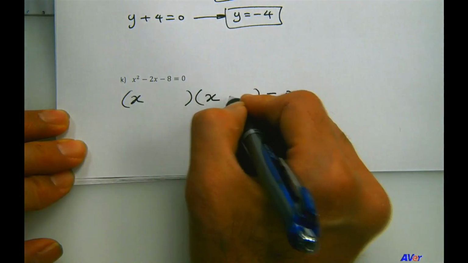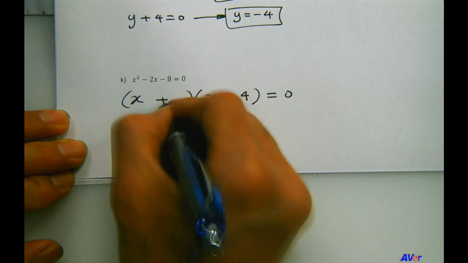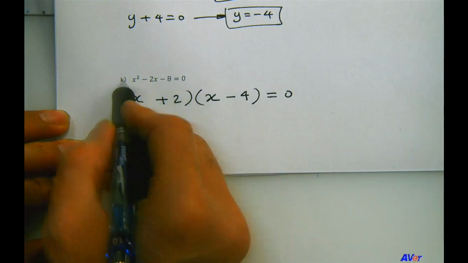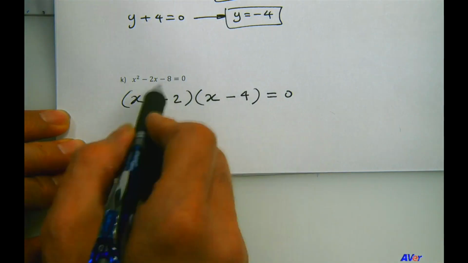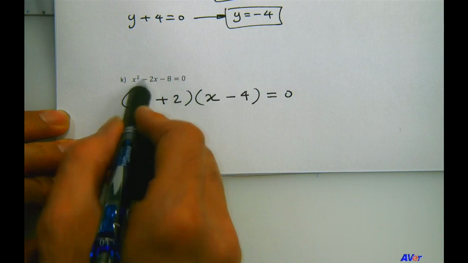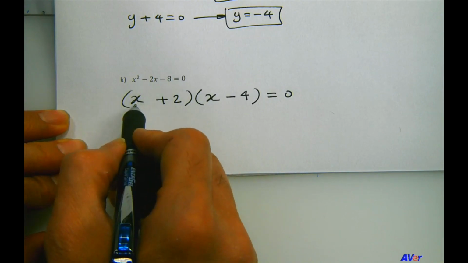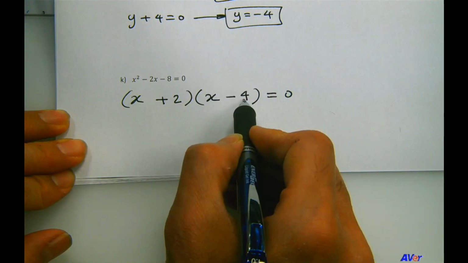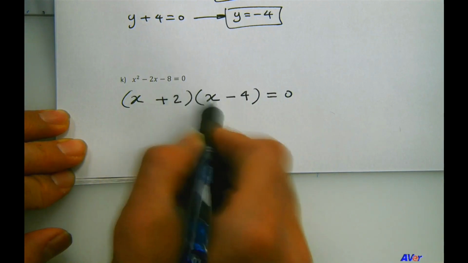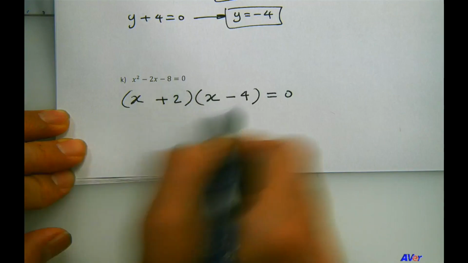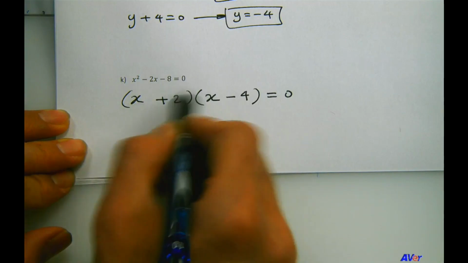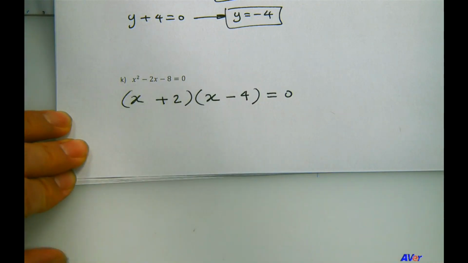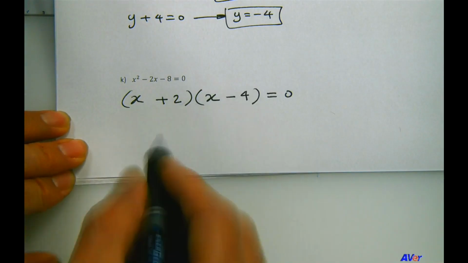Well, that would be minus 4 and positive 2, right? x times x, x squared. 2 times minus 4, minus 8. The x terms are going to come from these two: x times minus 4, minus 4x, plus 2 times x, 2x. Minus 4x plus 2x gives us minus 2x, right? So we have the correct factorization.